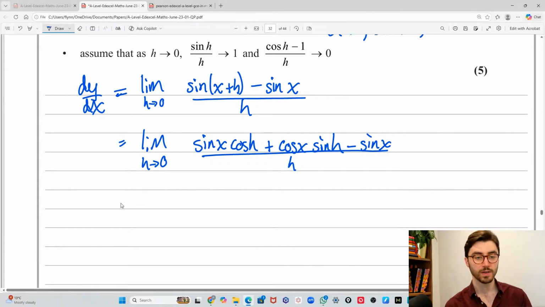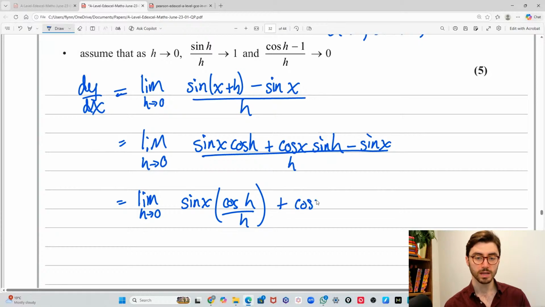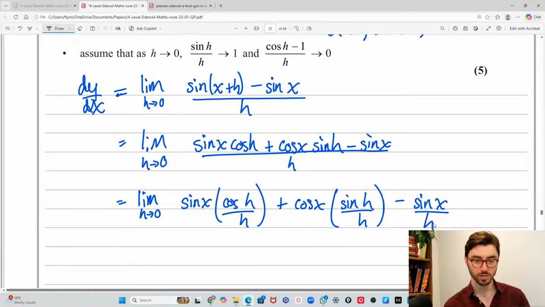If I rewrite that, it is the limit as h tends to 0 of sine x times cos h all over h plus cos x into sine h all over h minus sine x over h.